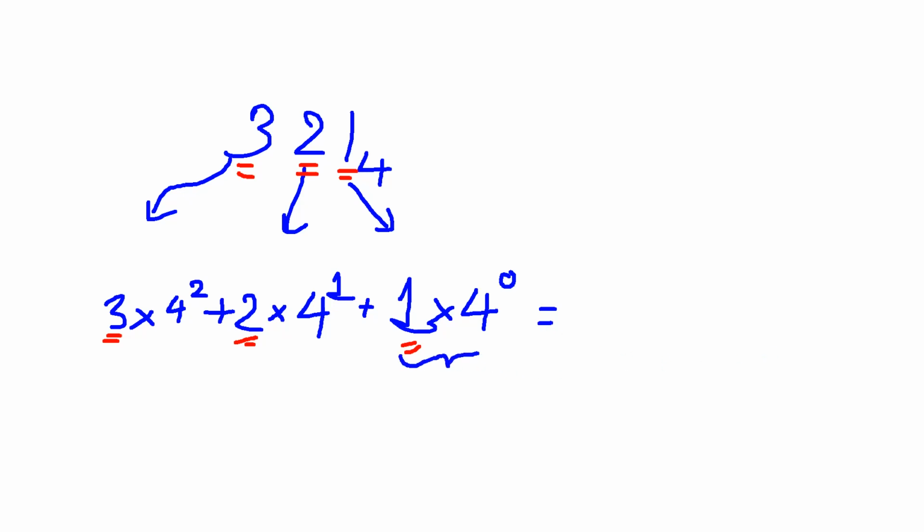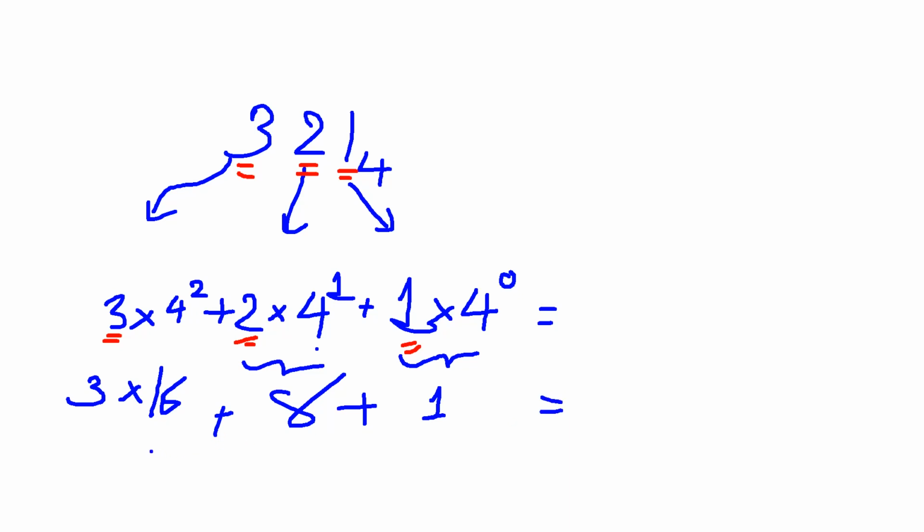For example, this one is 1, 4 times 2 is 8, and 4 to the power of 2 is 16, multiplied by 3 is 48. Then sum them together: 48 plus 8 plus 1.